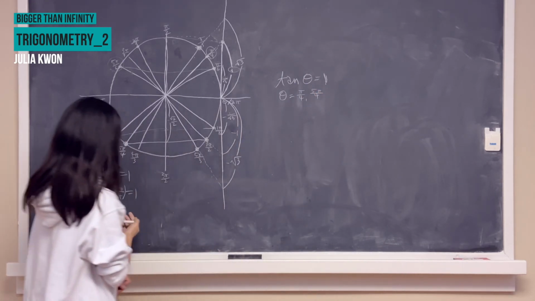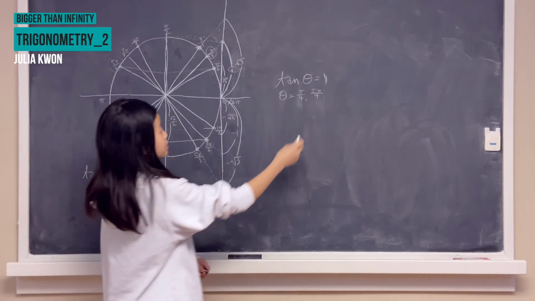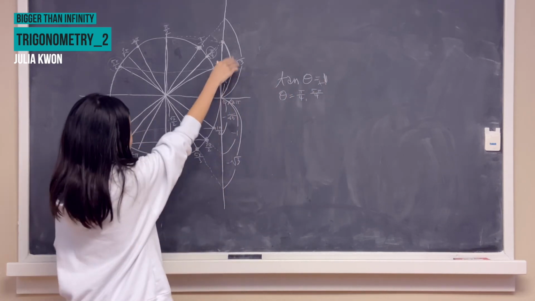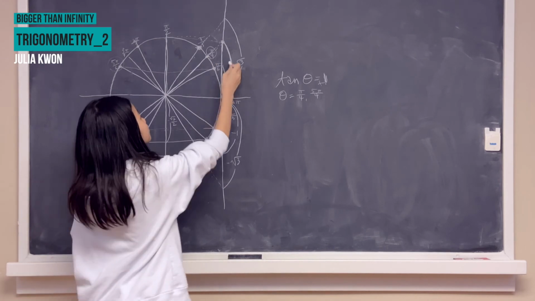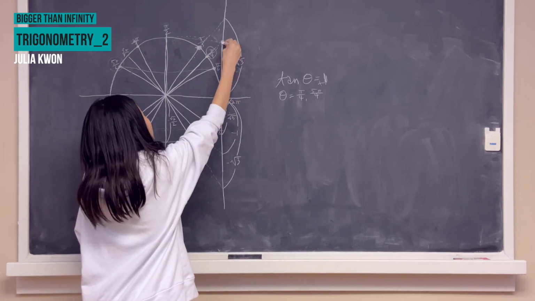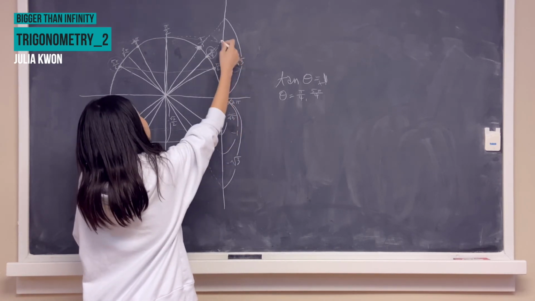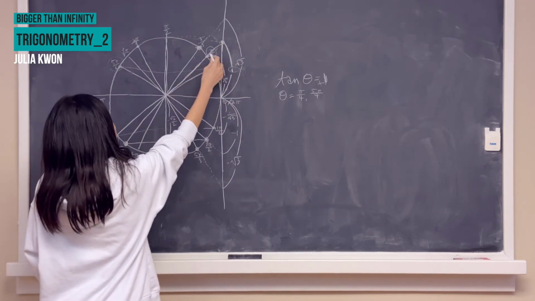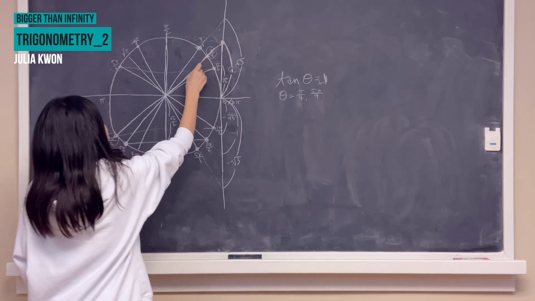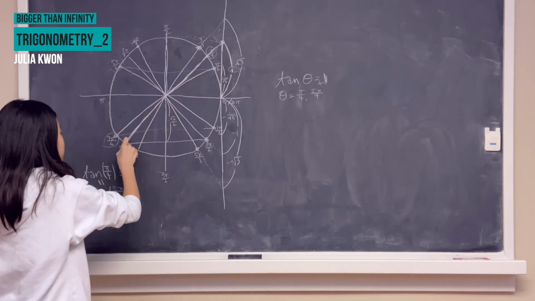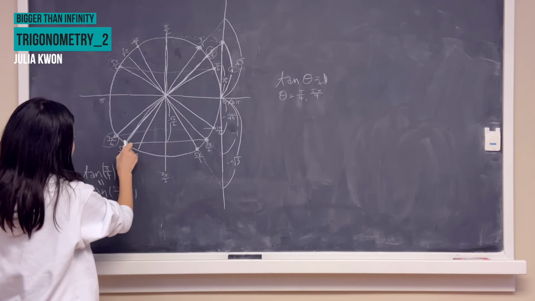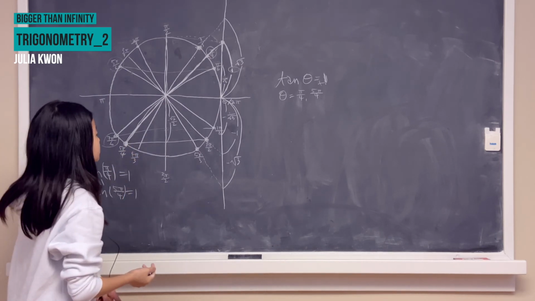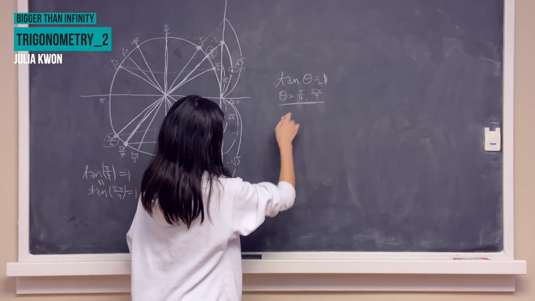But if we hadn't done this, then we could have just seen that it was positive, and so we're going to work with here. And so we just pick the dot with the 1 and follow the line. So this line is pi over 4. So if we keep going, we come to the line where it has a dot for 5 pi over 4. So that's how we get that.